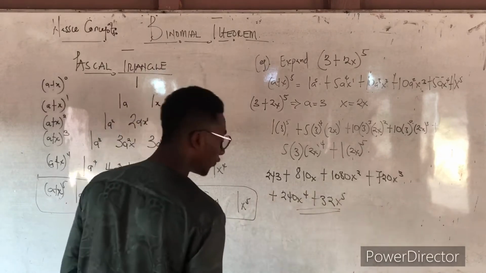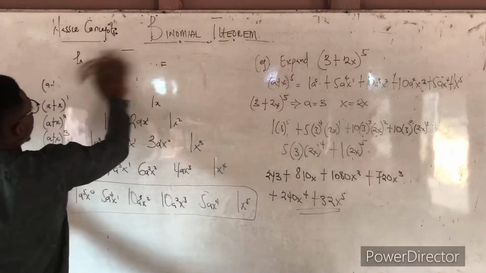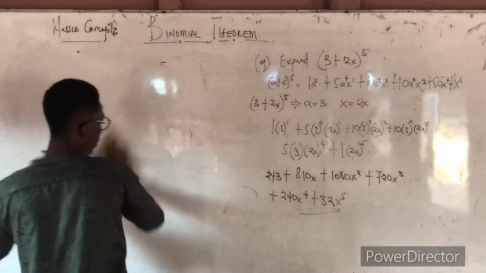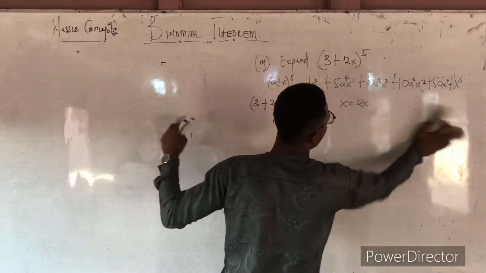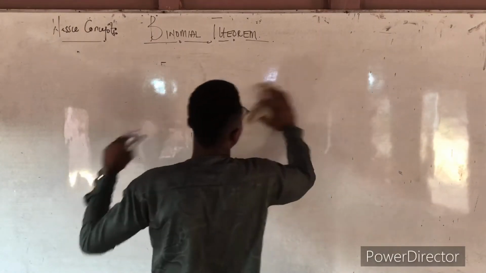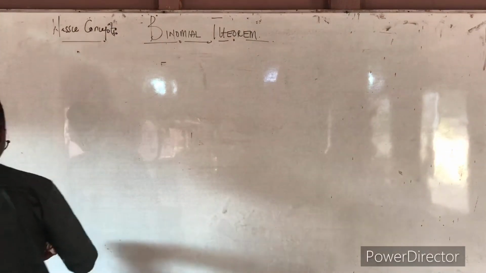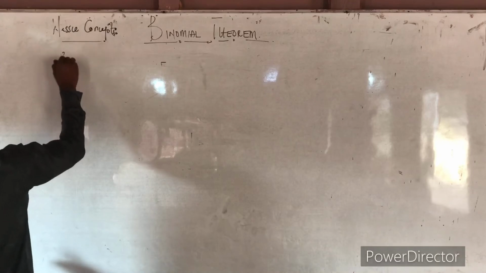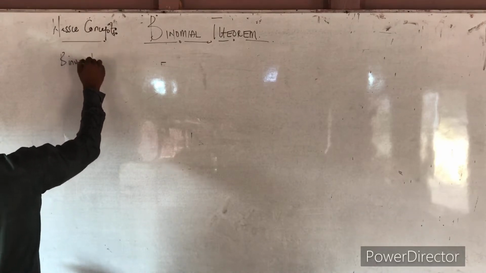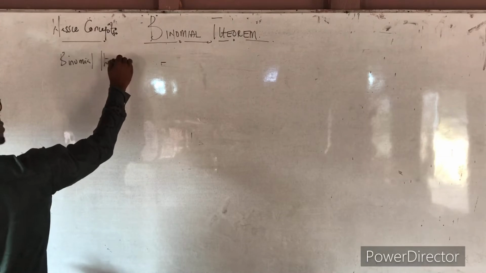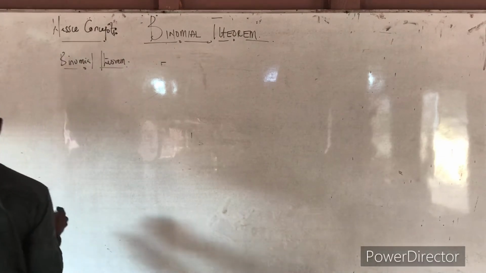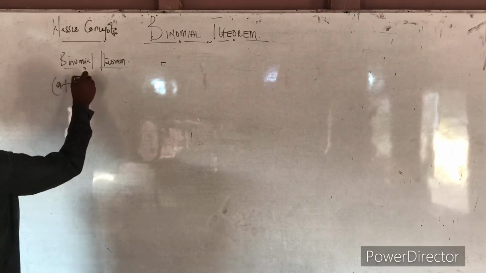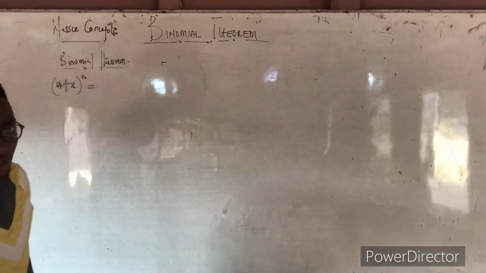Now, we want to move straight forward into the binomial theorem. Okay, so with the binomial theorem, what is the theorem? Anytime you have (a + x) exponent n, this is the theorem I'm giving.